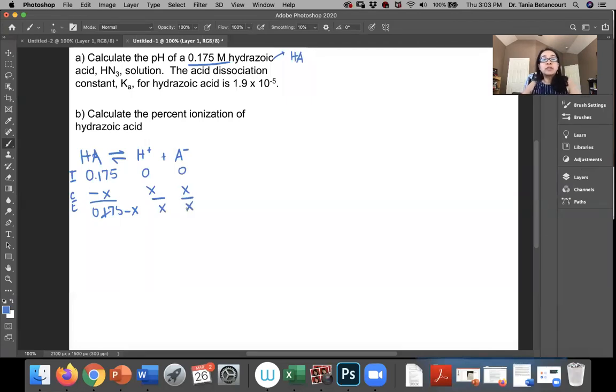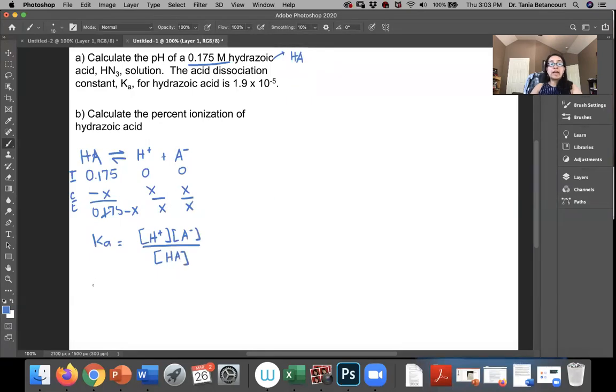All right. We do know the value of Ka. So we're going to set up our Ka equation, which is our hydrogen ion concentration times our anion concentration divided by the acid concentration, HA.